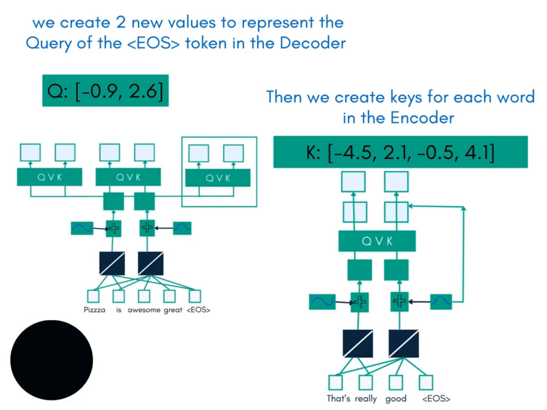So there are four words, and we have a key value for all these words in the encoder section. It should have two values, but I've just shown you one example for each word here.